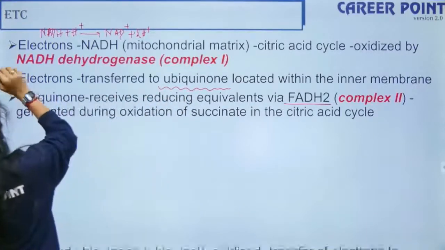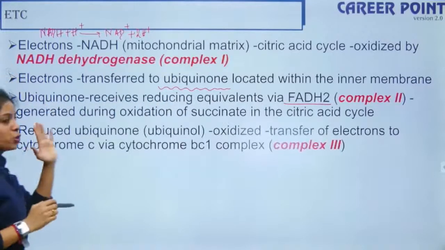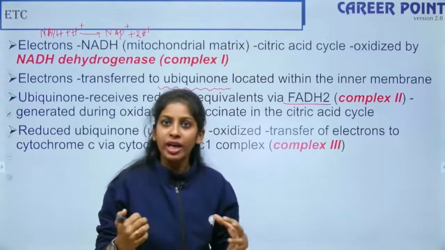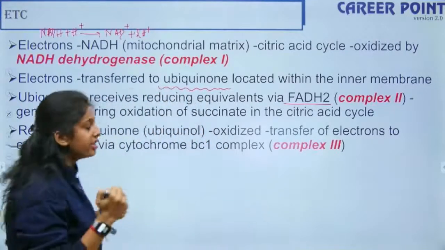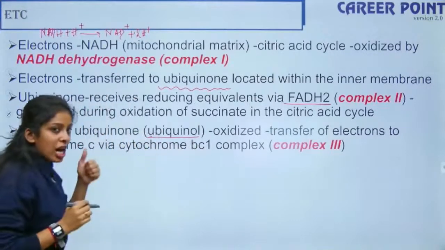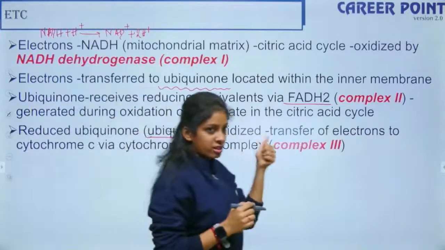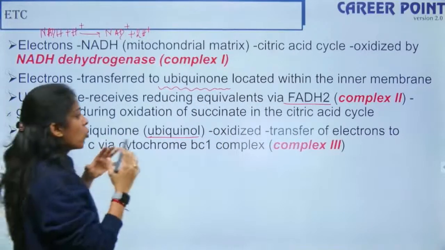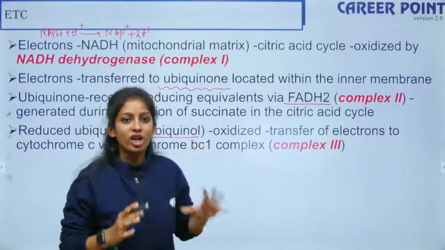Fine. So reduced ubiquinone. When a lot of electrons enter ubiquinone, it is not really active. It enters the reduced state, that is ubiquinol. Now this ubiquinol is oxidized, so it transfers electrons to cytochrome C via the cytochrome bc1 complex.